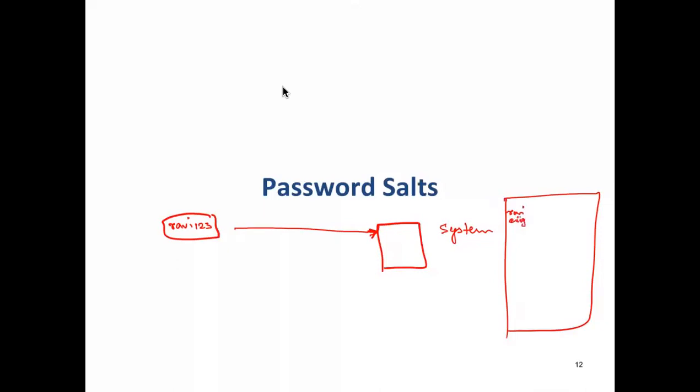Okay, and then it has to store my password. Now at this point, the system has received my password, Ravi123. Now it has to store this, right? It cannot store it in plain text form. It can store it in a hash form, but before hashing, it adds a salt to it.